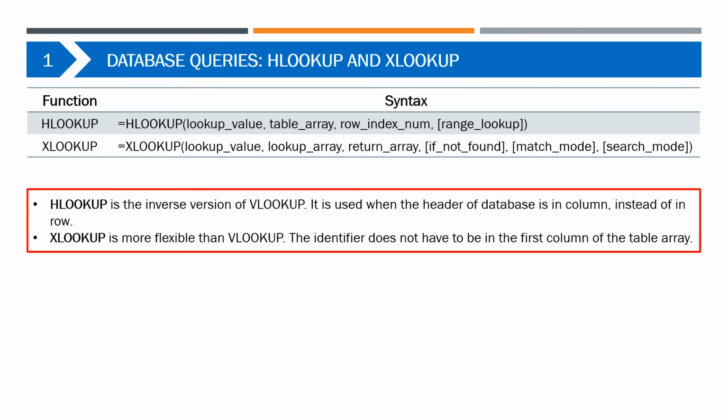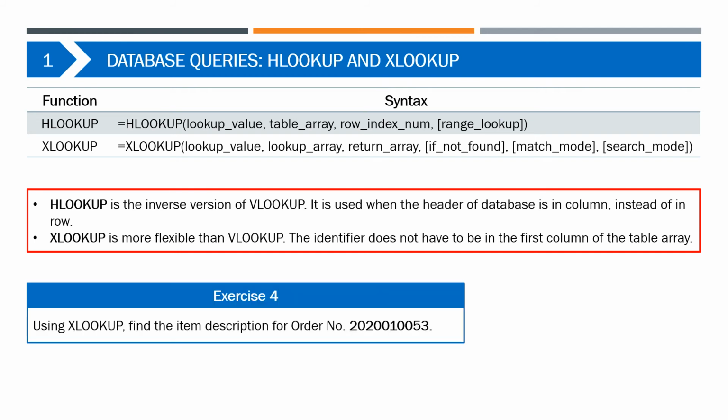XLOOKUP is more flexible than VLOOKUP. The identifier doesn't need to be in the first column. If we use VLOOKUP, the identifier should be in the first column, otherwise we cannot use the function well. So we can use XLOOKUP if the identifier is not in the first column.